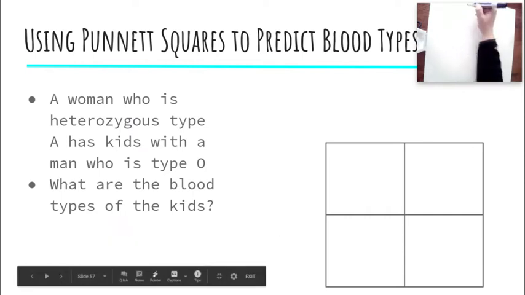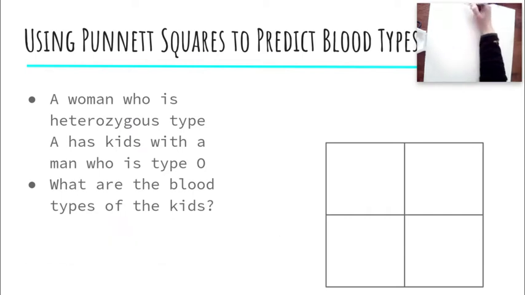One thing that will be good to write down: the genotypes for type A blood would be big A, big A, or big A, little i. For type B blood, big B, big B, or big B, little i.